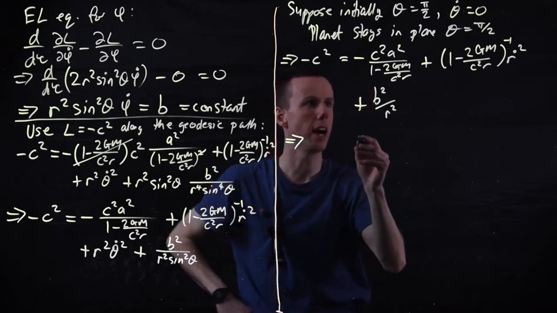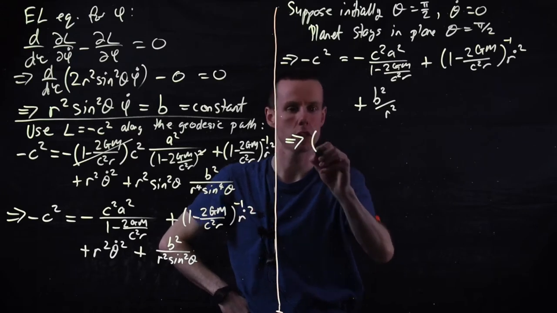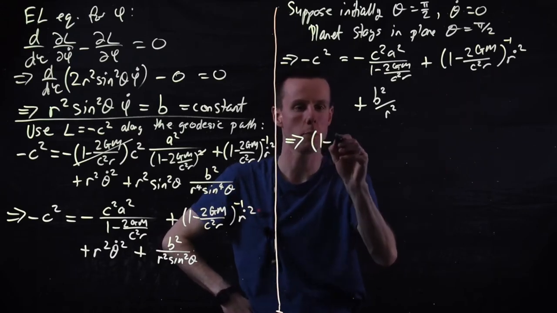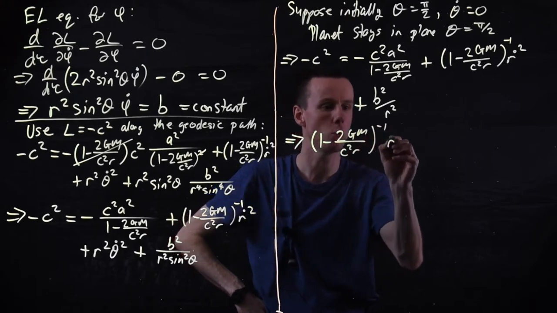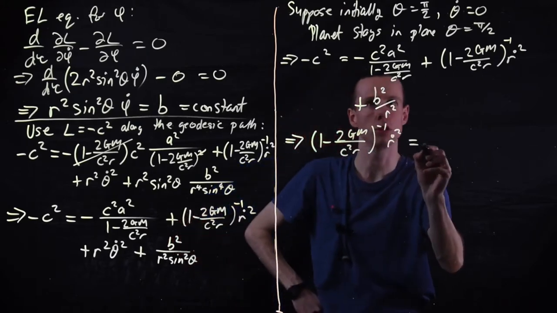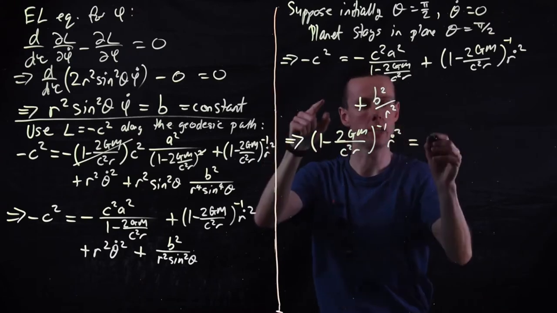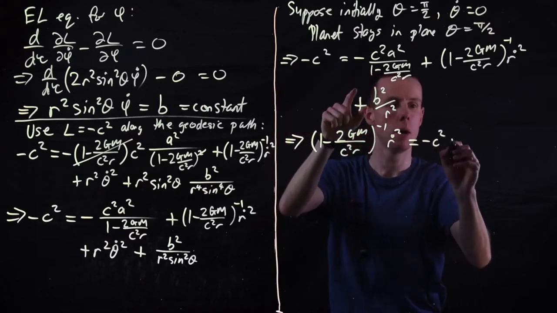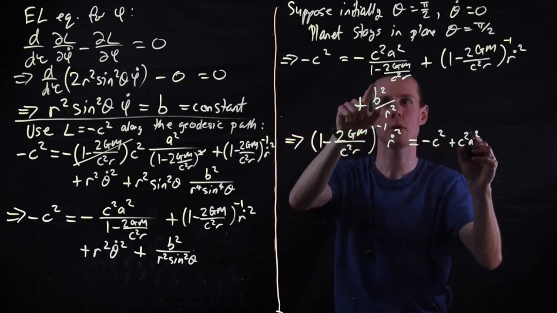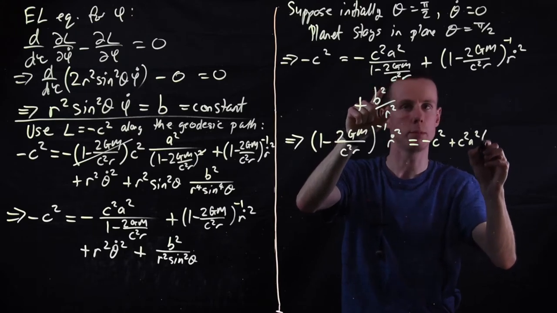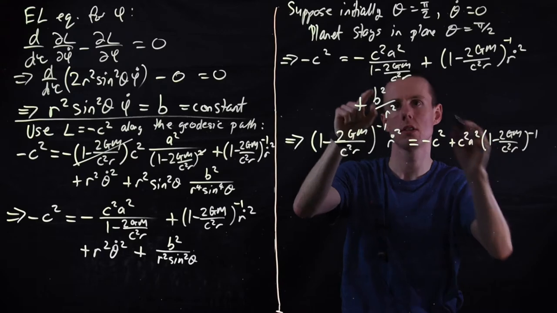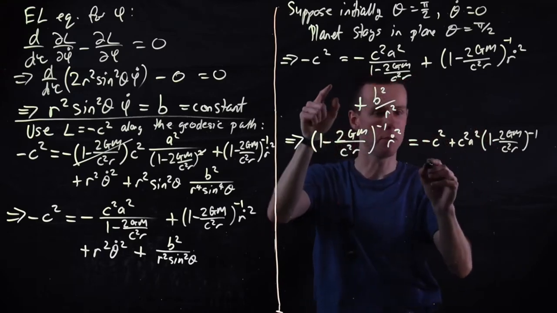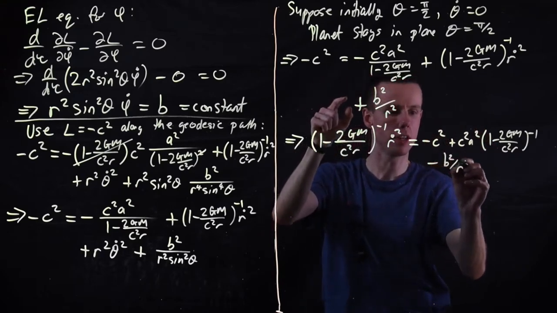I'll write it like this, so I'll bring this term to one side, so 1 minus 2GM over c squared r to the power of -1 r dot squared equals, so bring this term over here and you'll have minus c squared plus c squared a squared times 1 minus 2GM over c squared r to the -1. That's what that is. And then you'll have also minus b squared over r squared.